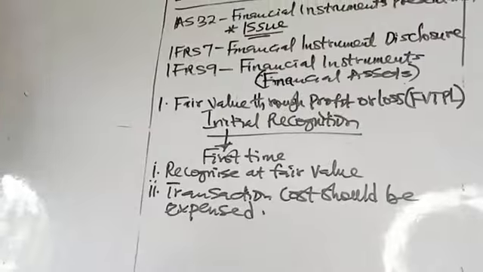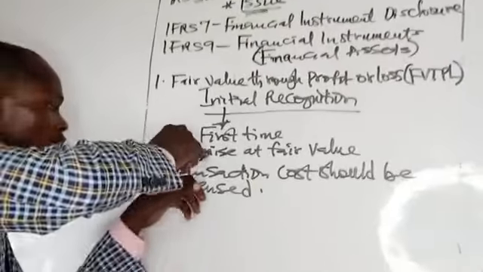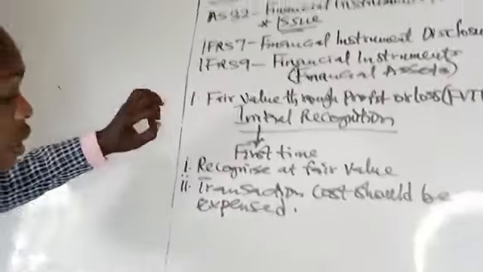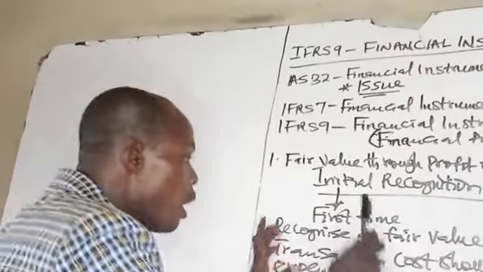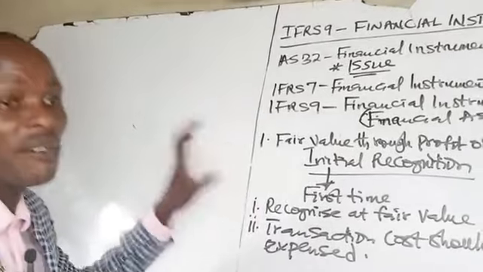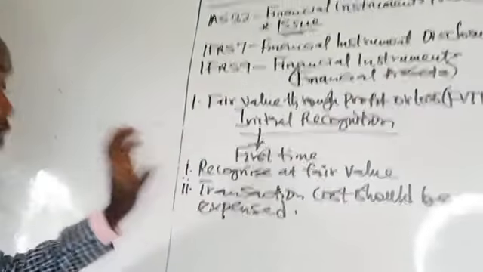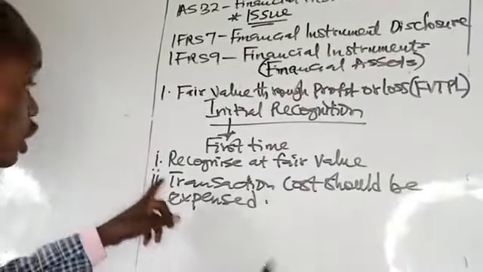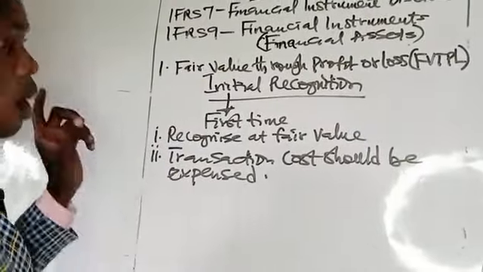That is, the transaction cost must not form part of the fair value. You should exclude the transaction cost from the fair value of that financial asset. So, you charge it as an expense in the statement of profit or loss.